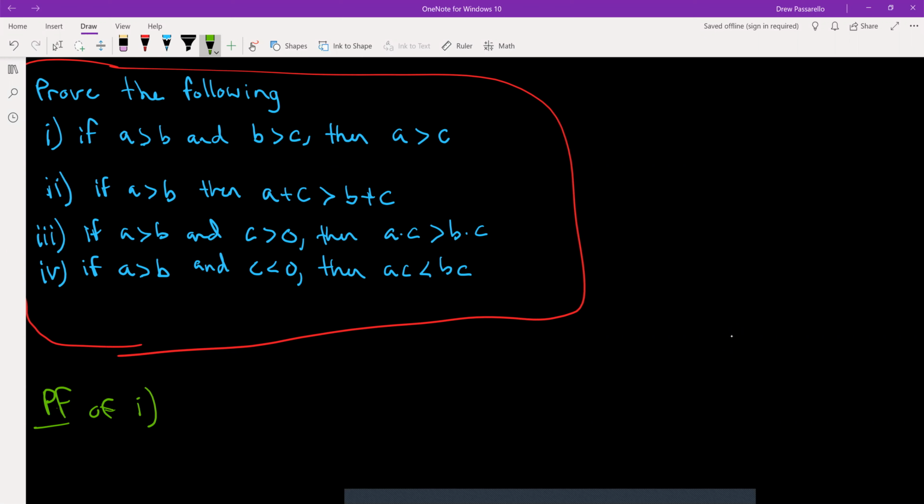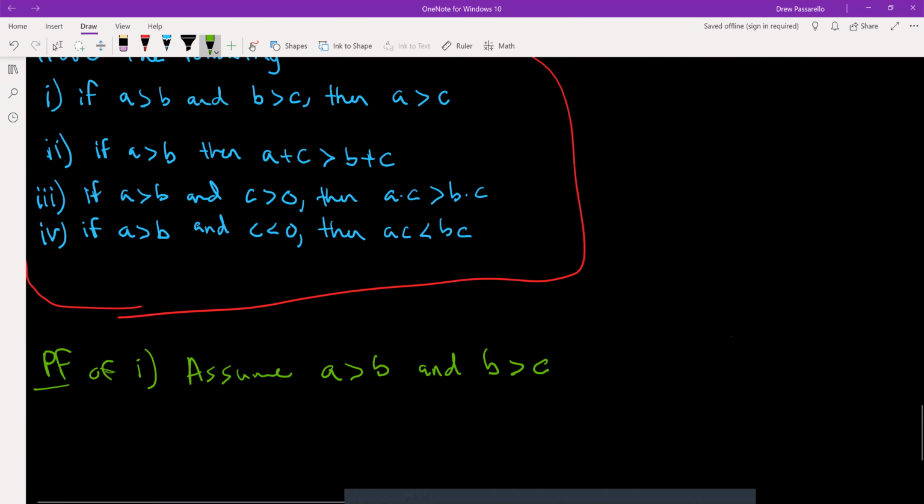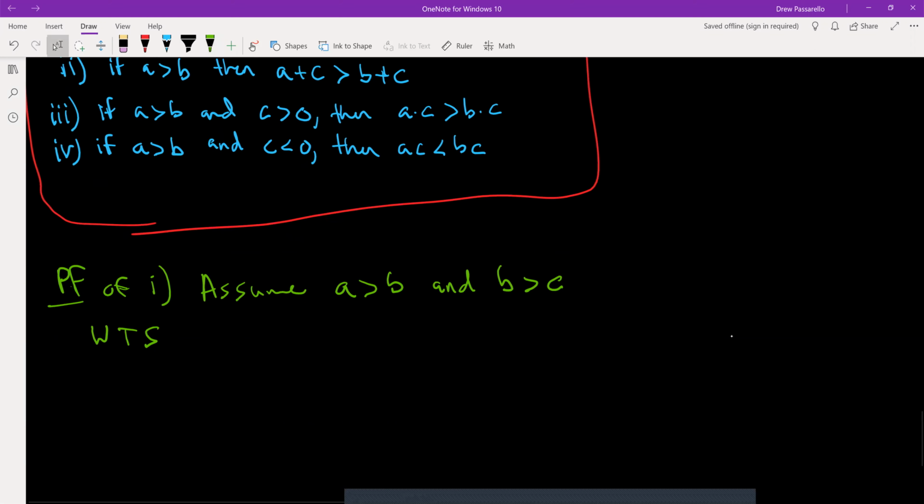So we want to prove A is greater than C. So we're going to assume A is greater than B and B is greater than C, and we want to show A is greater than C. For want to show, I'm going to abbreviate that as WTS.